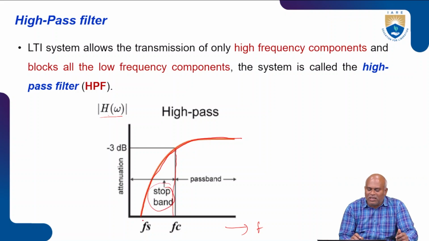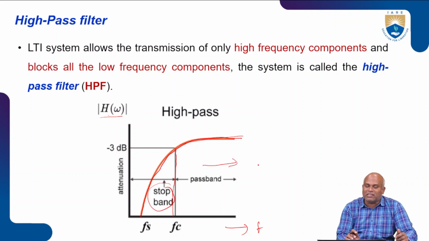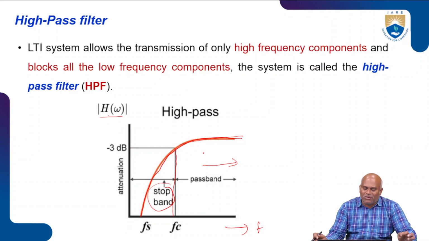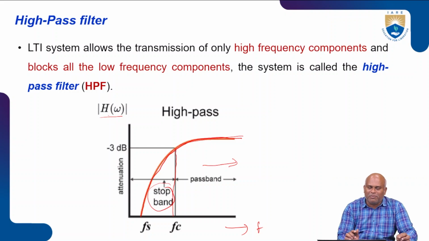Then after 3 dB, all the frequency is transferred through the system to the output. So here also we get a pass band as well as a stop band. For the high pass filter, the pass band is infinite and the stop band has some limited value.